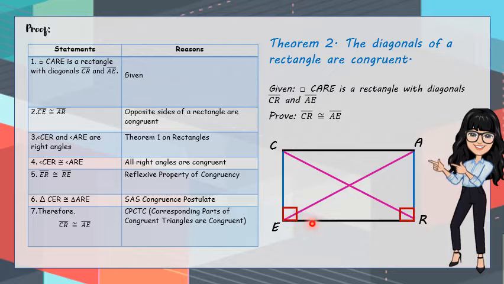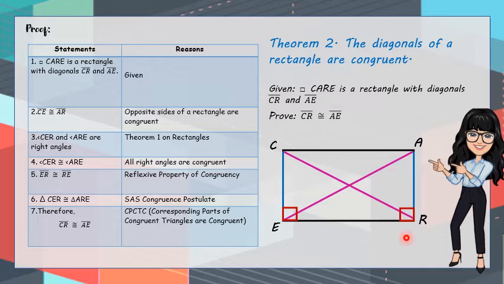But ER here is part of this triangle. So this is one triangle and part of this triangle is our segment ER. And then this is another triangle, and part of this triangle is your segment ER or your segment RE. So the segment ER of this triangle is just the same as the segment RE of this triangle.